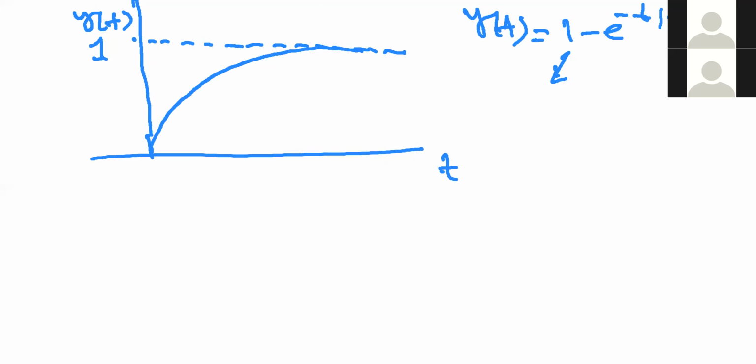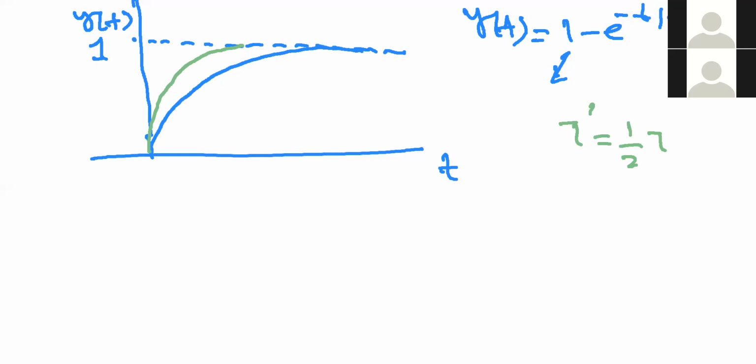Now let me say that we are reducing the time constant: the new time constant tau dash is equal to 1 over 2 tau. If you reduce the time constant, what will happen? You will reach the steady state earlier.